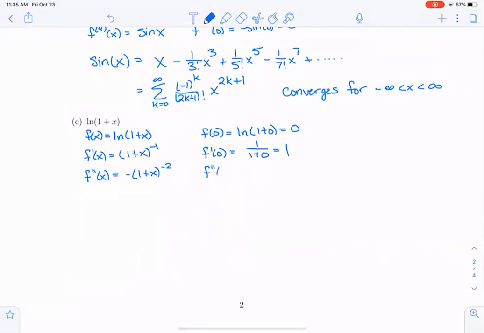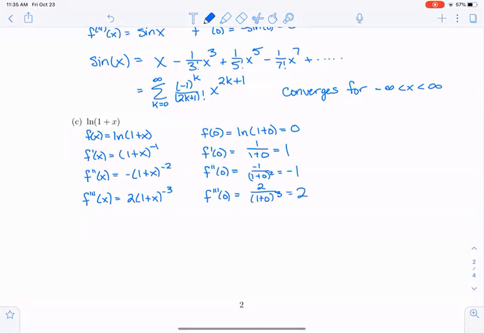So the second derivative at 0 is going to be negative 1 over 1 plus 0 squared. That's negative 1. The third derivative is going to be 2 times 1 plus x to the negative 3. So the third derivative at 0 is 2 over 1 plus 0 cubed.